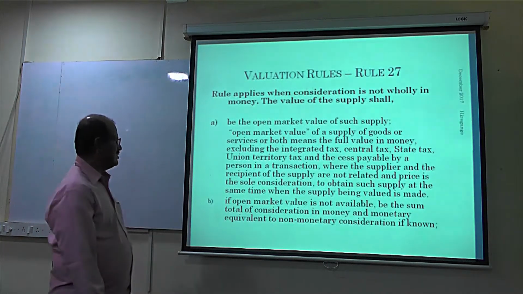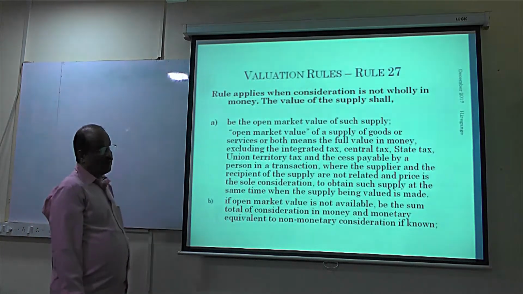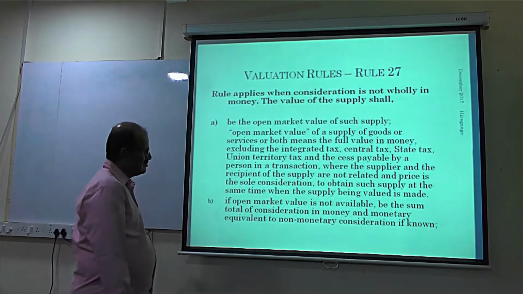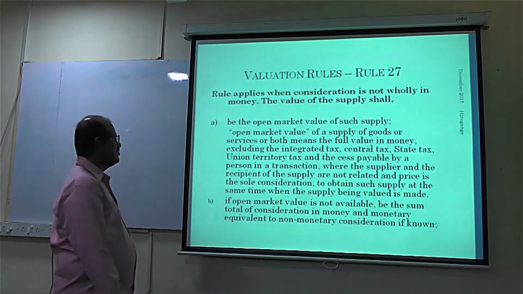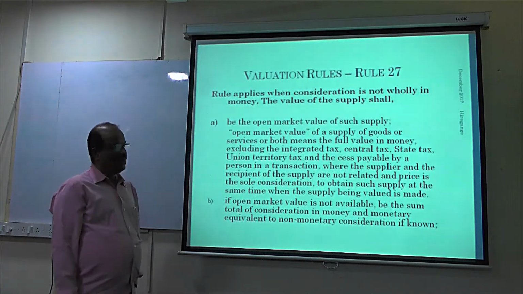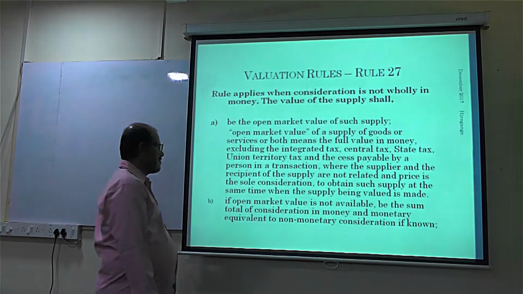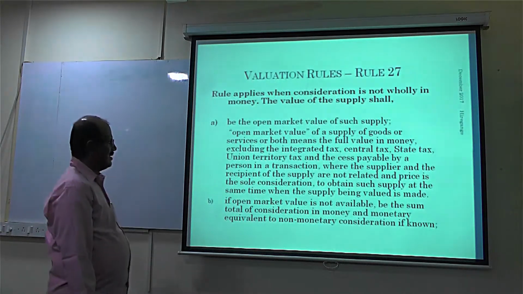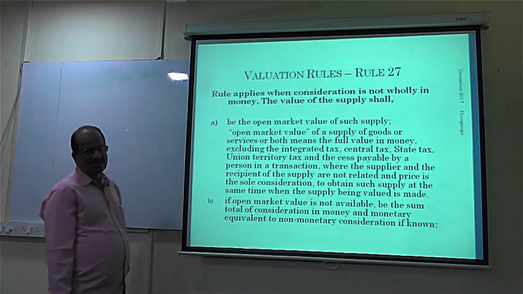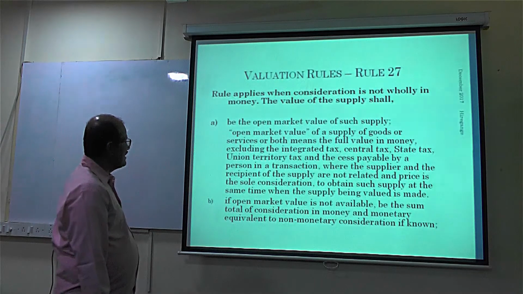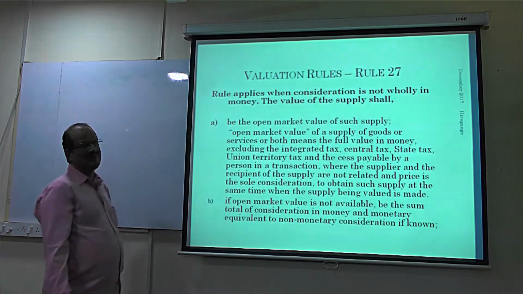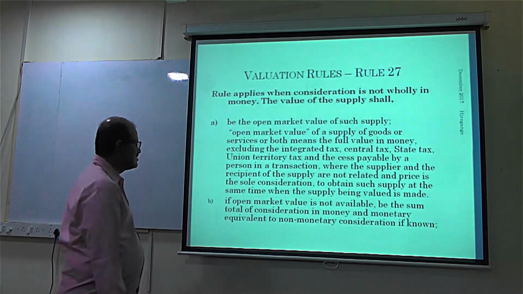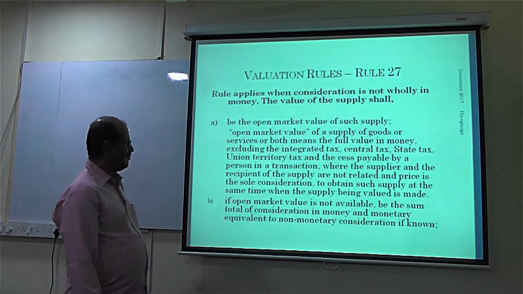So we have to look at supply of same goods preferably. This can happen when the same supplier is making supplies to related persons as well as to others, and open market value of exactly the same type of goods by the same supplier is available. It makes the job very simple.